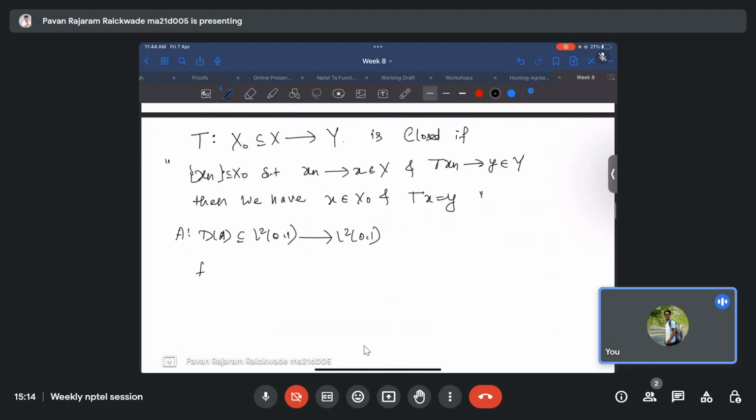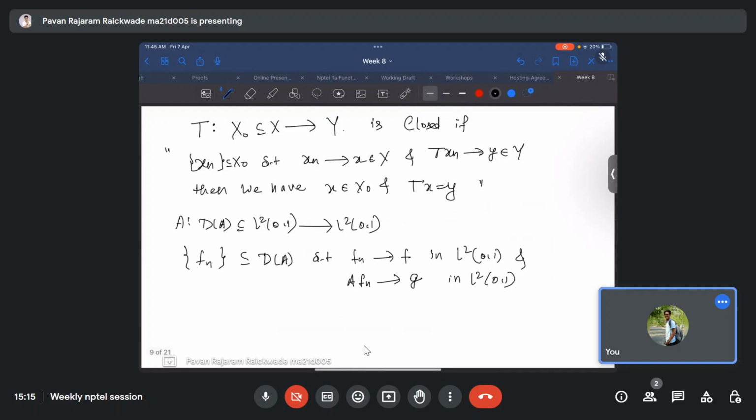So suppose we take a sequence Fn contained in the domain of A, such that Fn converges to F in L2, and AFn converges to suppose G, again in L2.